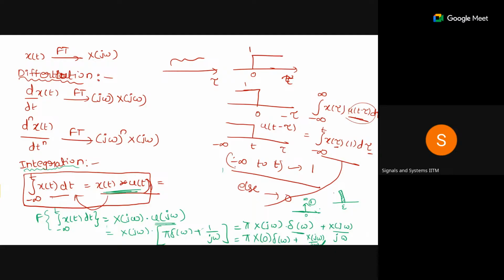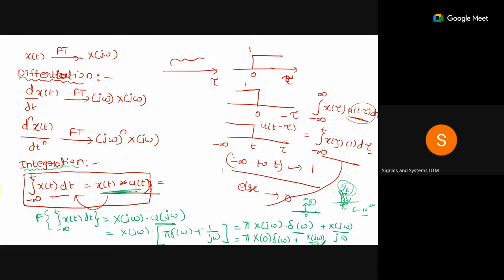If the width is epsilon, then the height will be 1 by epsilon. Epsilon can be taken as some very small number like 10 to the power of minus 200, so the height is a very large number.